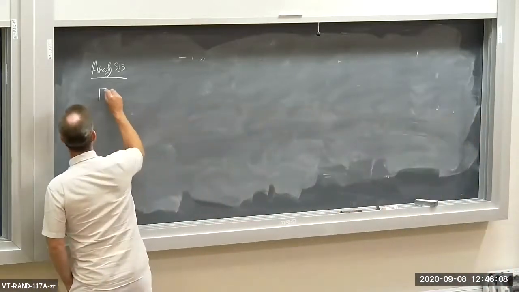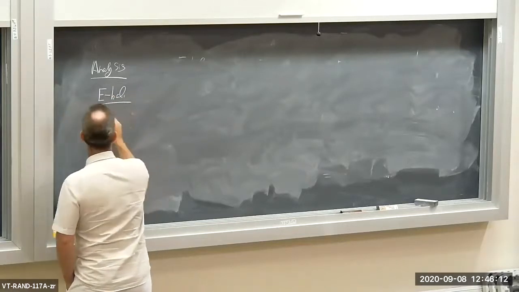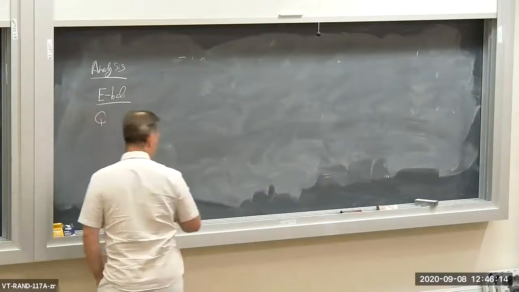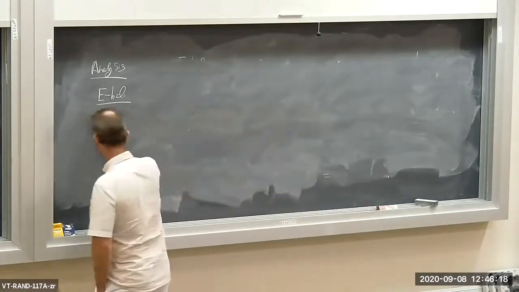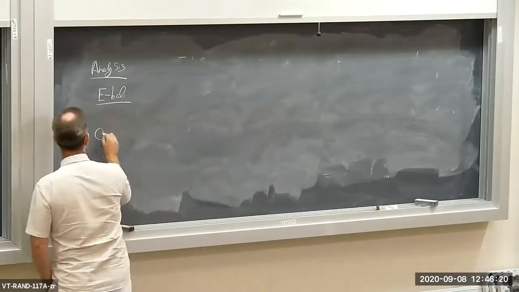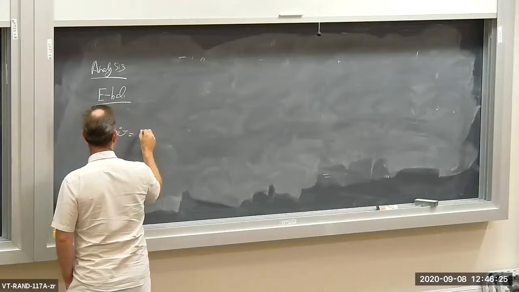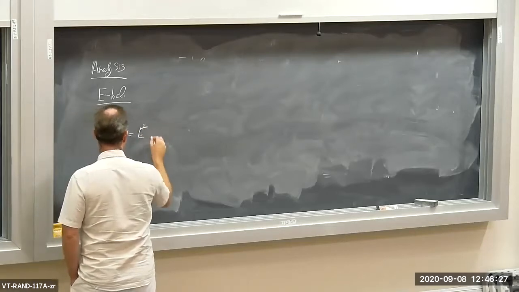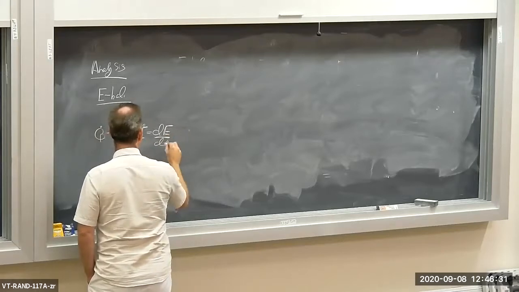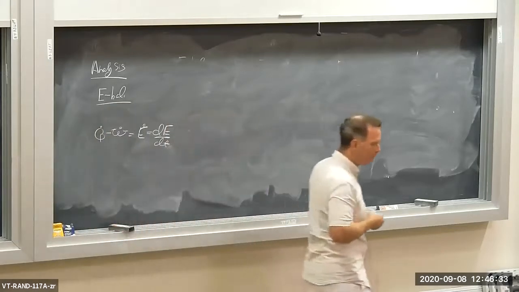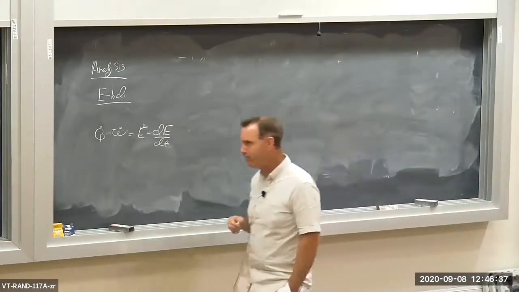So E balance: Q dot minus W dot equals E dot. Oops, I think I'm going to need a bit more room here. And E dot is the time rate of change of energy within the system, all right?